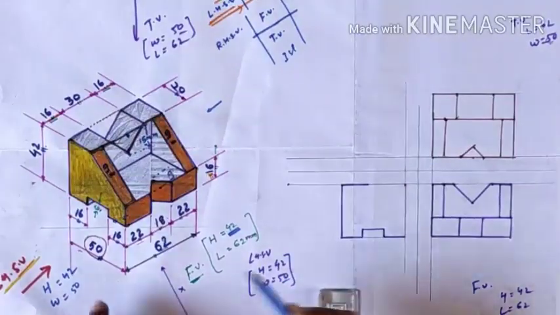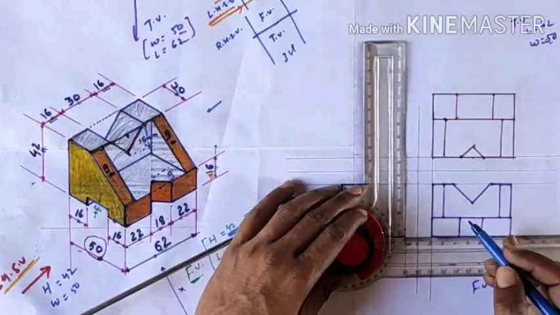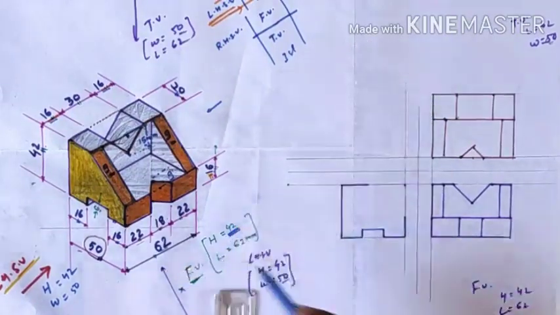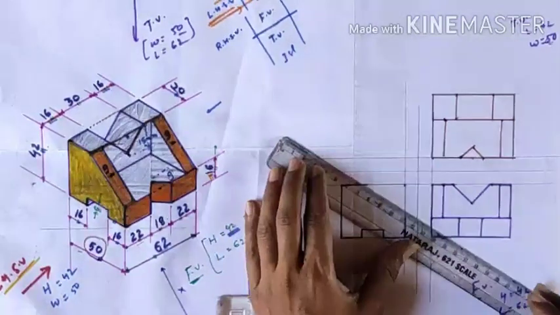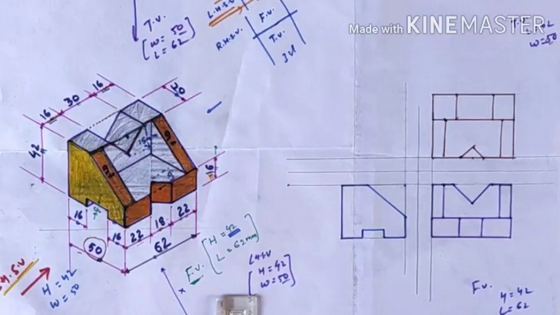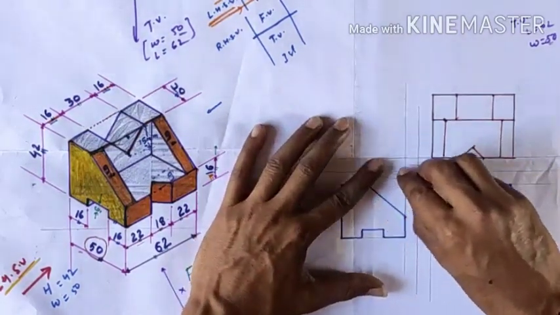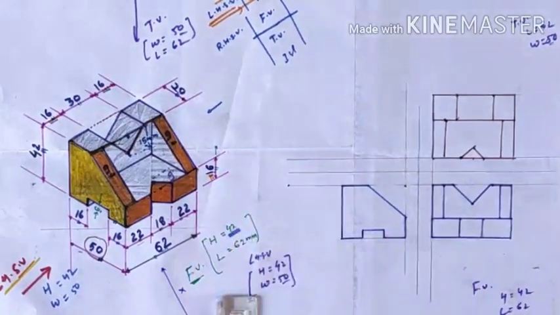From here this line represents 16 mm, so draw upward about 16 mm and join this line from here. So this is your side view. The extra portion is erased, and this will represent the side view.